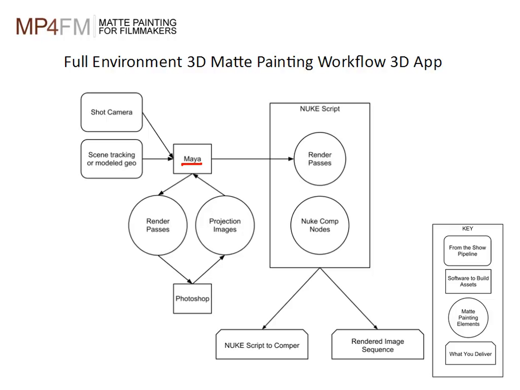Again, you can see the software being used, Maya, Photoshop, and Nuke as the final compositor. So you take your shot camera and your scene tracking and model geo, that goes into Maya from the pipeline. And then from Maya, render passes are generated. Those go into Photoshop, are painted on. Then those projection images are sent back into Maya.